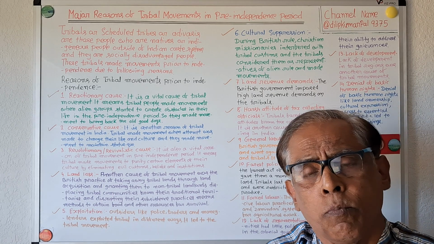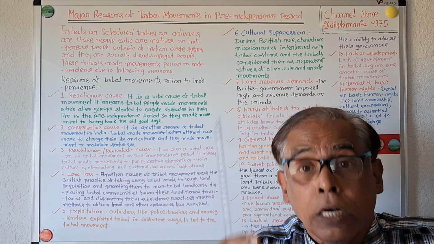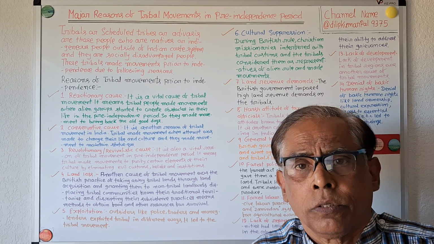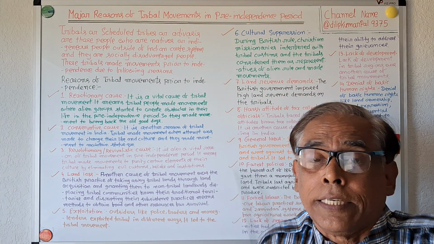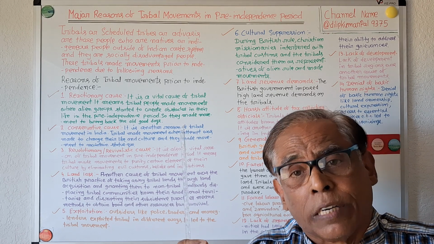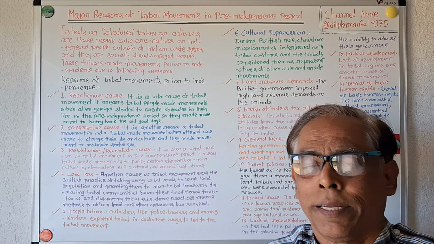Another reason of tribal movement in the pre-independence period was the land loss. Whenever the British government made laws to acquire tribal lands, tribals were deprived of their land and they made movement.